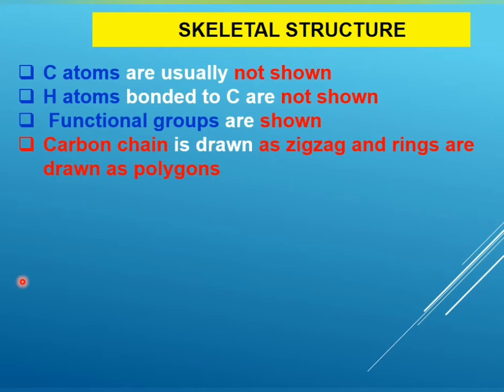Normally a line is used to show the bonding between carbon atoms, and the carbon chain is drawn as a zigzag, and carbon rings are shown as polygons.